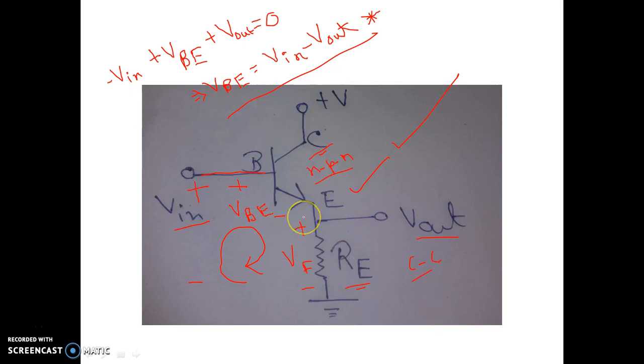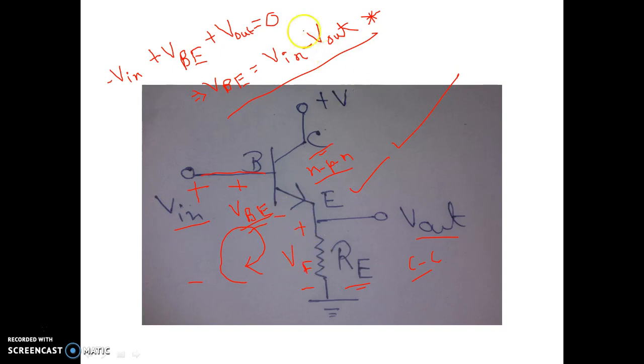But if you consider the original input voltage for only the basic amplifier block, that is basically VBE, okay? And here VBE is basically the input voltage coming from the function generator minus the feedback voltage, okay?